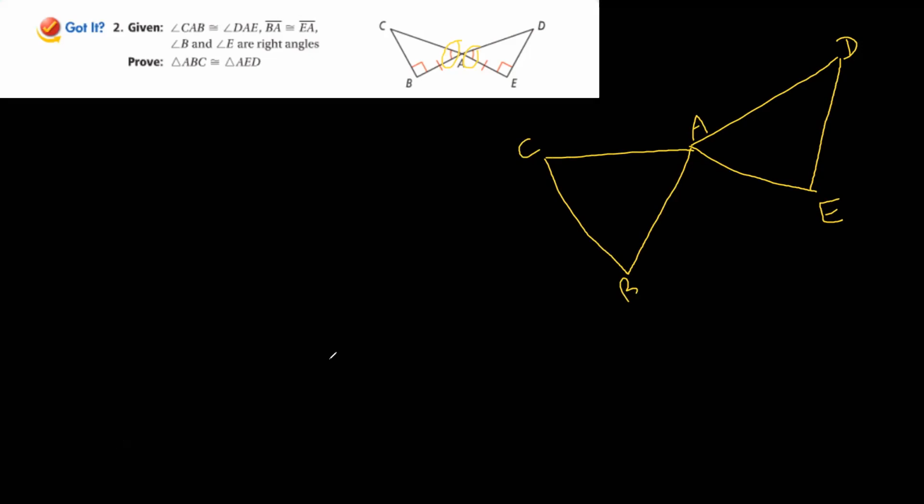Now from here, angle CAB is congruent with the angle DAE. Where's CAB? It's this one. They are congruent with DAE. It is given.